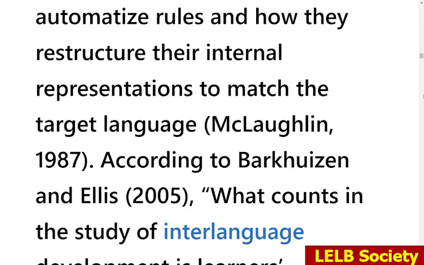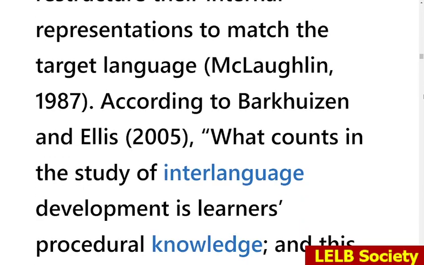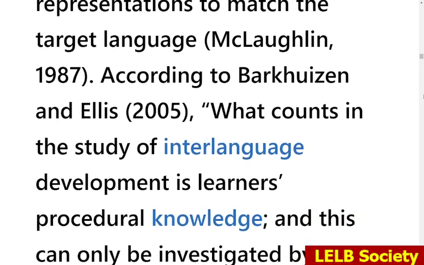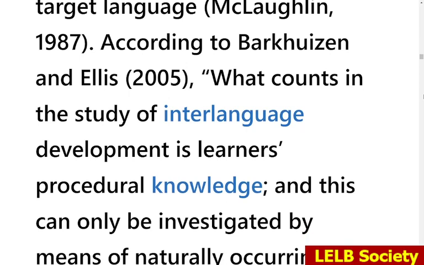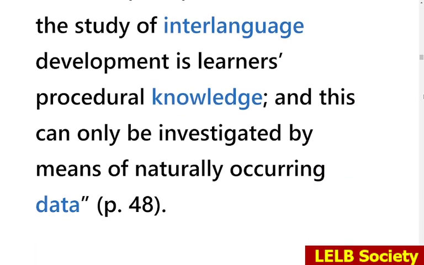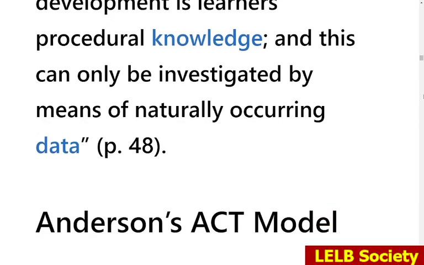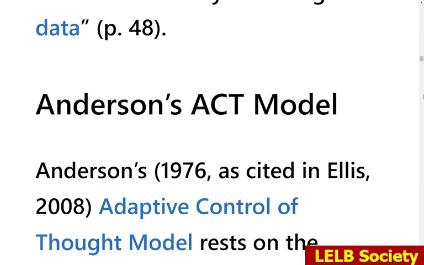McLaughlin, 1987. According to Bardovi-Harlig and Ellis, 2005, quote, "What counts in the study of interlanguage development is learners' procedural knowledge, and this can only be investigated by means of naturally occurring data." End quote, page 48.